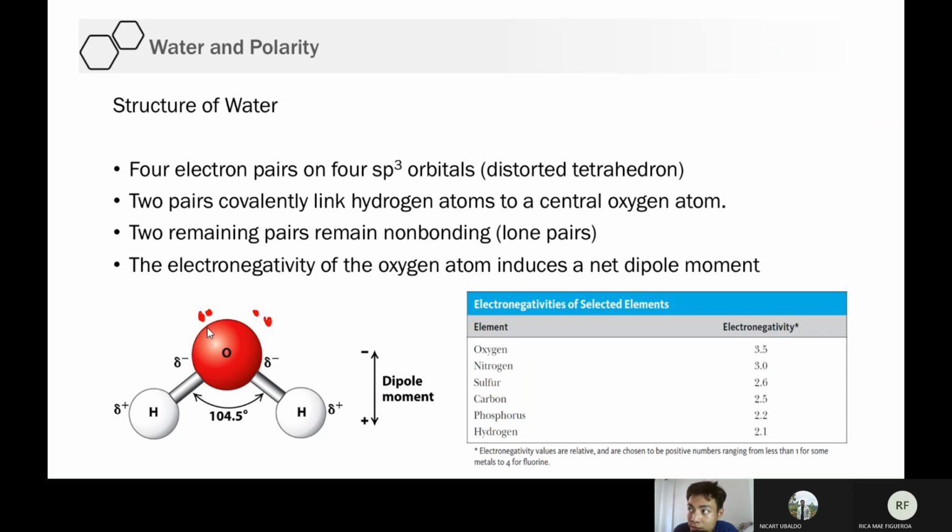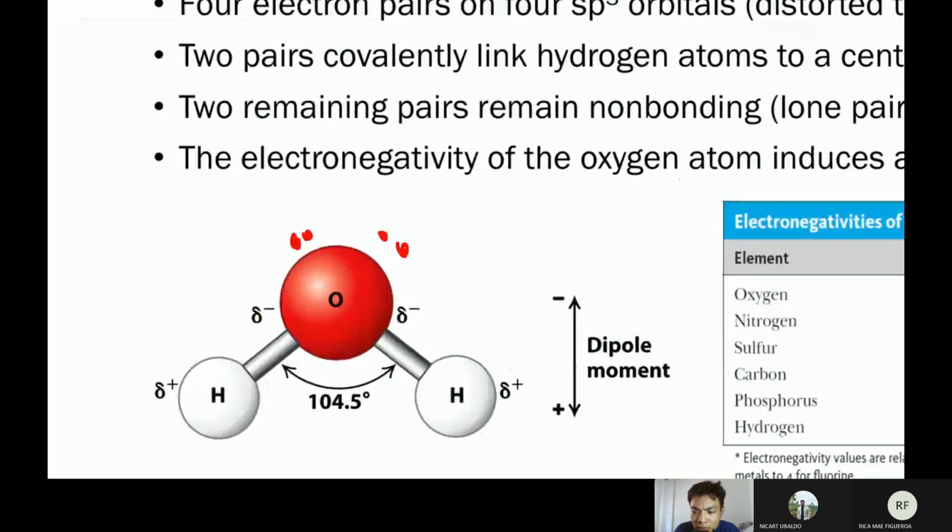Okay? And since oxygen is more electronegative than hydrogen, then we say that oxygen will pull the electrons of hydrogen, creating the partial negative end of your molecule. So, yung hydrogen, that will be the partial positive end of the molecule. And because we have uneven distribution of electrons, na kay oxygen lang yung electron, that means we have a dipole moment, no?